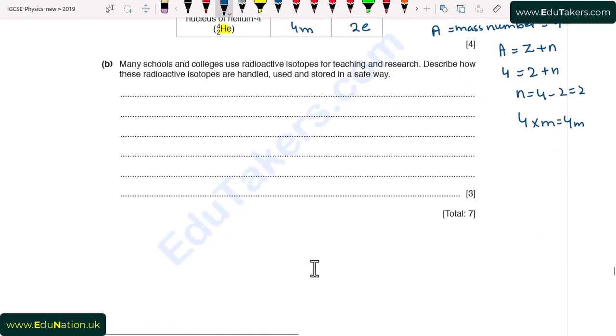So next, part B. Many schools and colleges use radioactive isotopes for teaching and research. Describe how these radioactive isotopes are handled, used, and stored in a safe way.